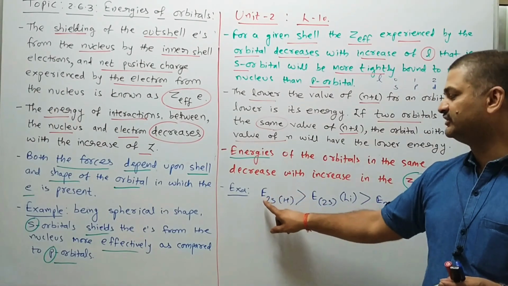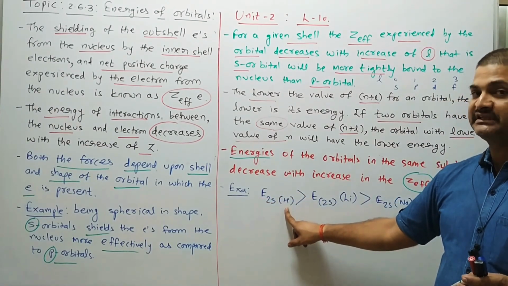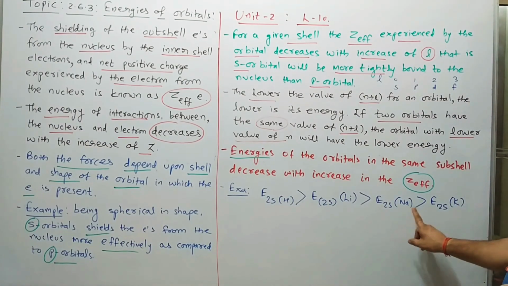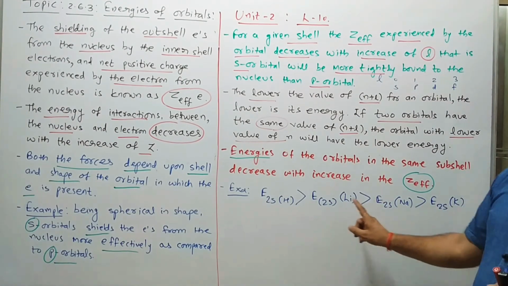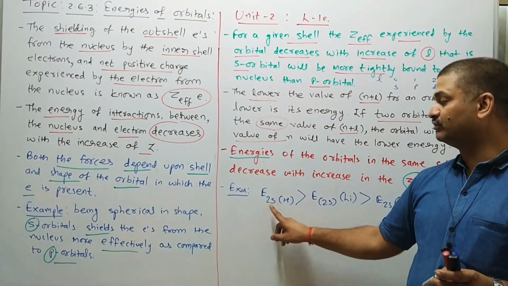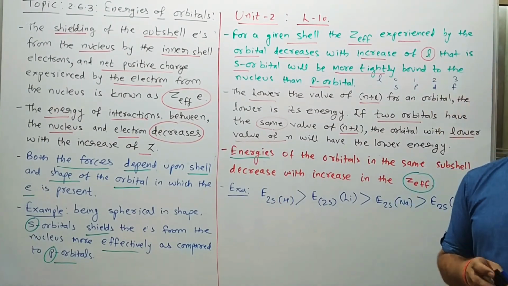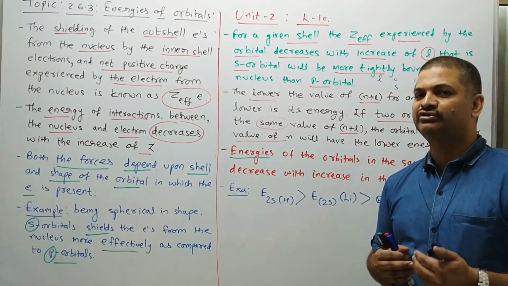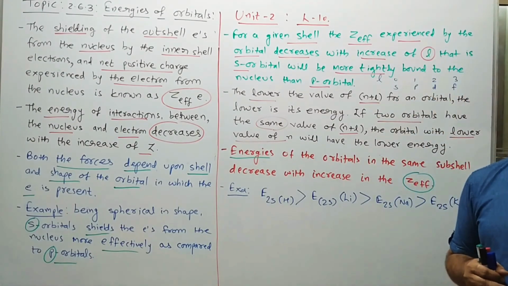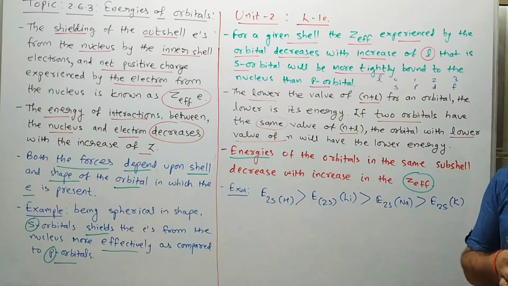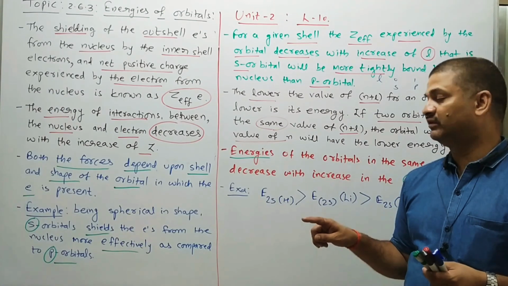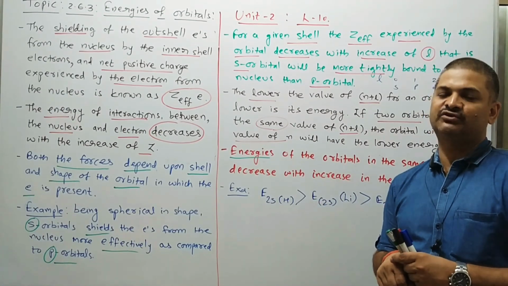For example, the energy of 2s of hydrogen is the highest. Then comes the 2s of lithium, the 2s of sodium, and this one is of potassium. The s orbital of hydrogen is close to the nucleus. Therefore, we have to supply more amount of energy for separation of the electron related to the s orbital.